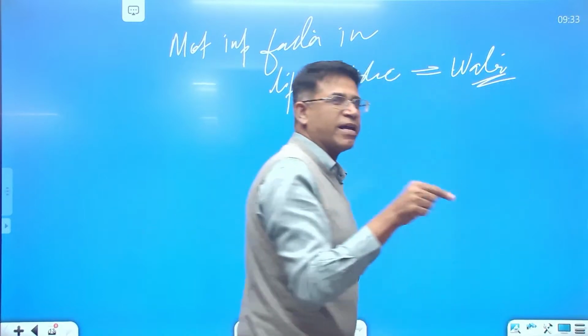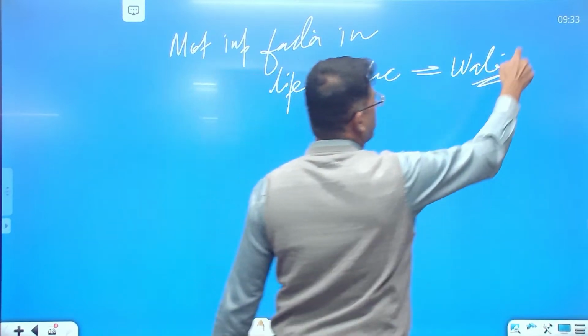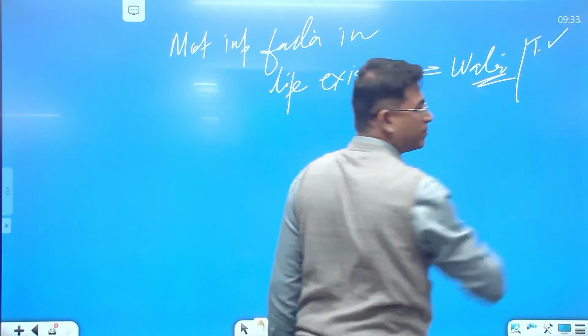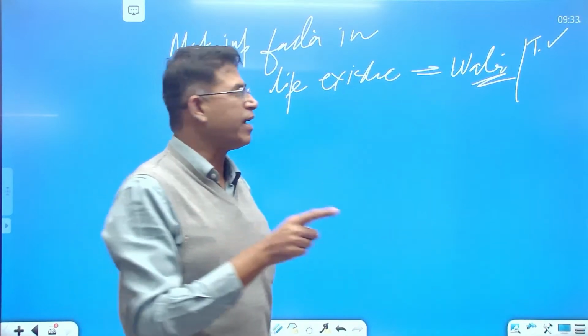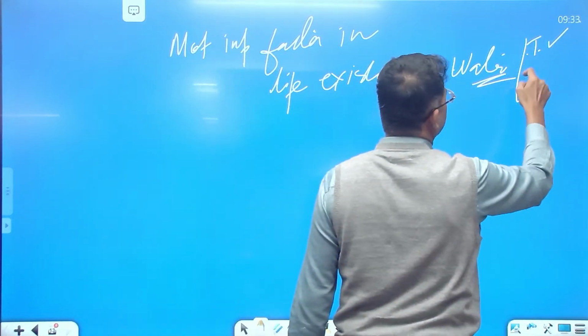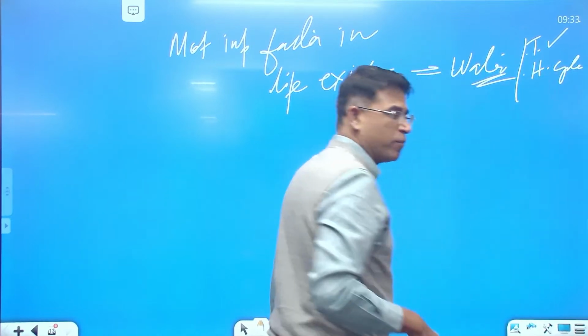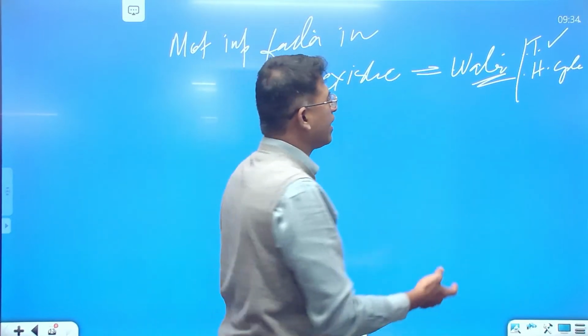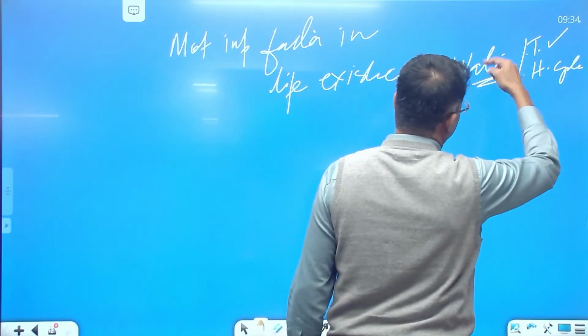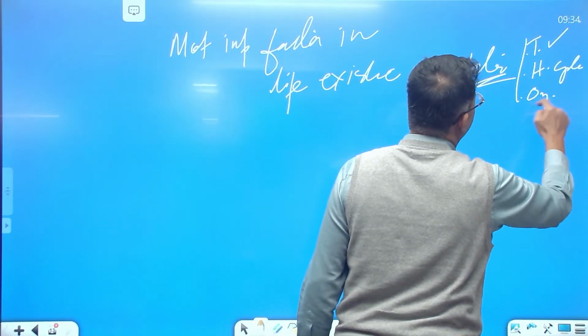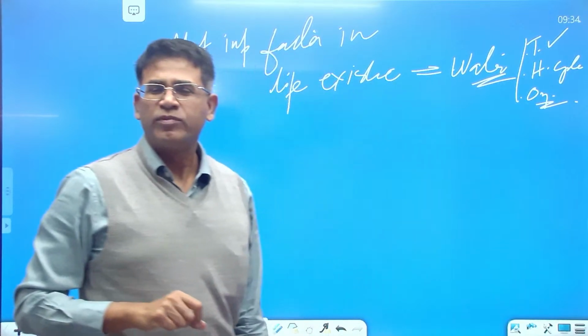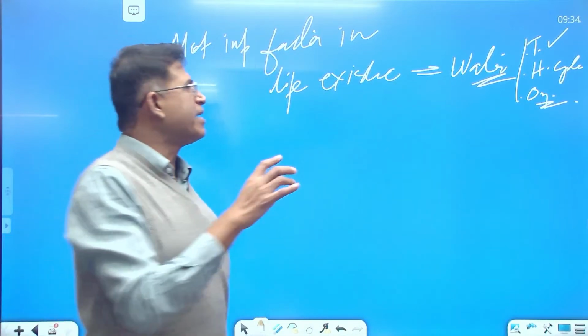Because अगर water है, then temperature is also right. अगर water है, in every possibility there will be some hydrological cycle. अगर hydrological cycle है and water is there, ultimately oxygen will form. So they all look for planets which have water.